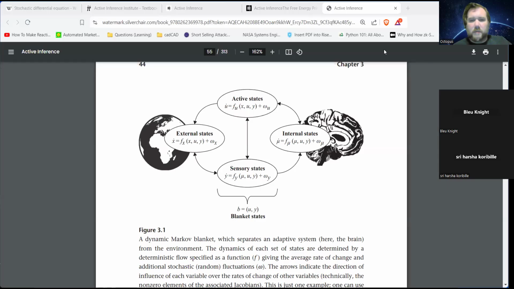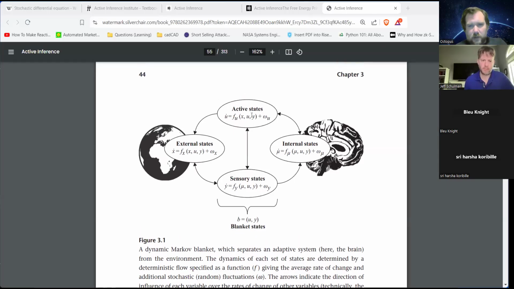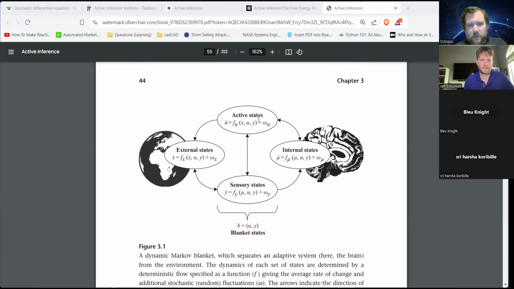Good too. So here's where we saw these are the stochastic differential equations. And what this says is the difference in U is going to be some function of the current x, u, and y. And if that's all we had, then we would have a differential equation.